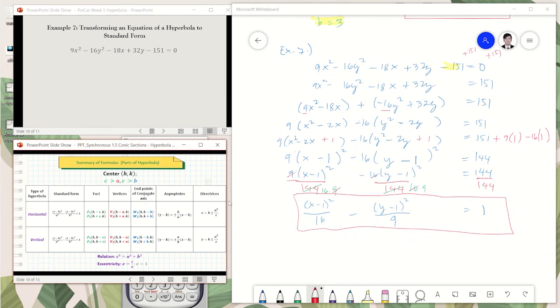So the one that comes first is x, so therefore we can conclude that it's horizontal. And then our h is 1. So if it's x minus 1, that is just a 1. Then take note, this is y minus k, so the k is just 1 as well. And then our a is the square root of 16, 4. Our b is the square root of 9, so 3.